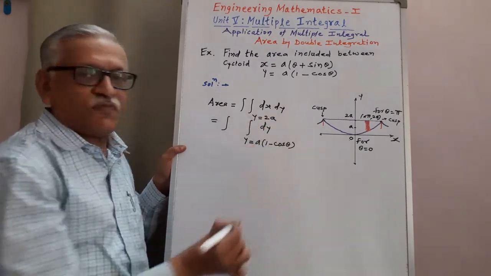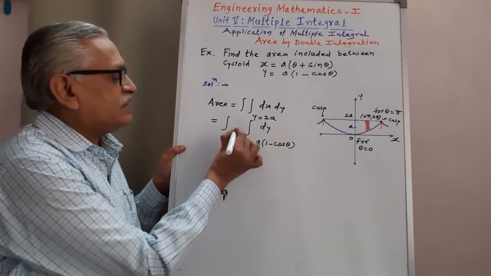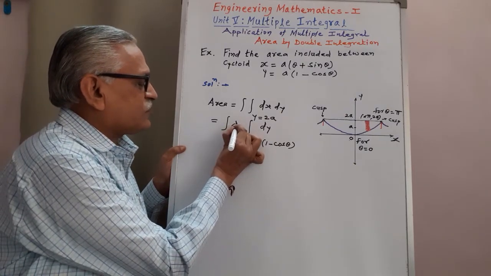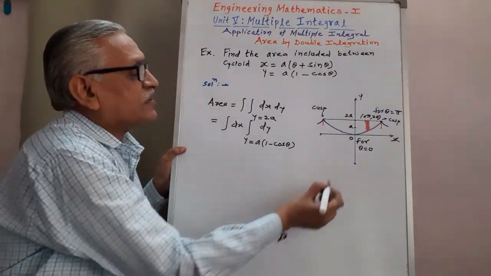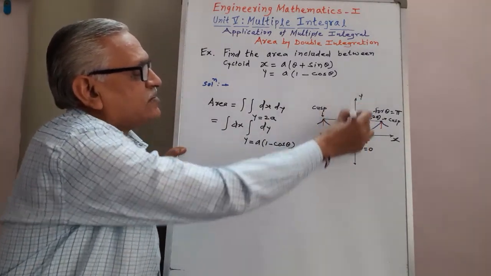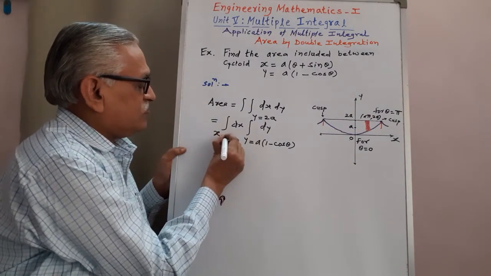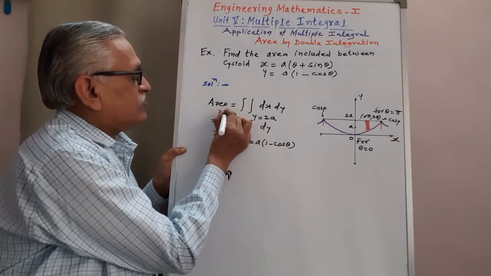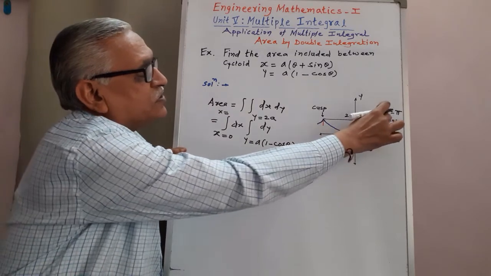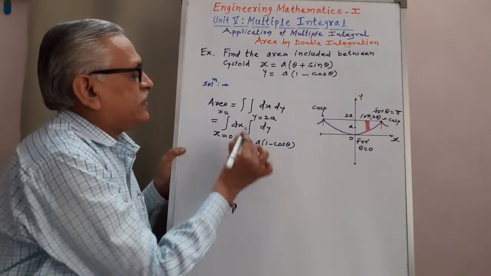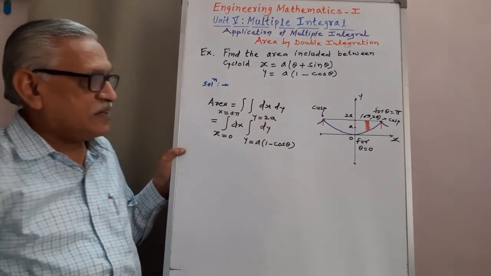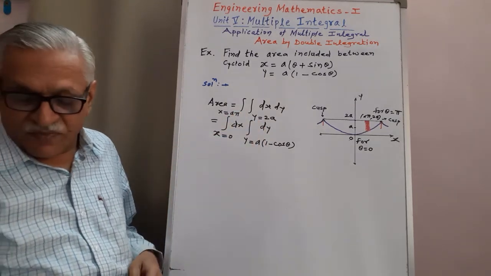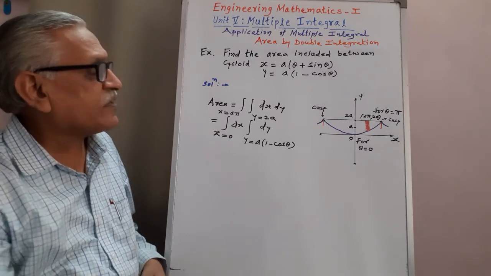Whatever the result of this first integration, we then integrate it with respect to x, moving between the y-axis, that is x equals 0, to x equals a pi, which is the x coordinate at this point. But that gives you the area of the half part.